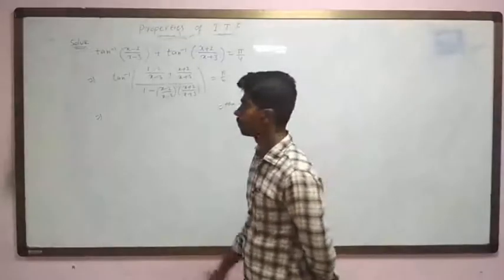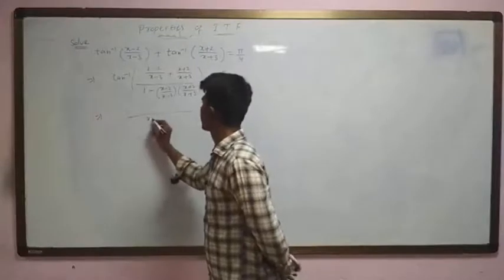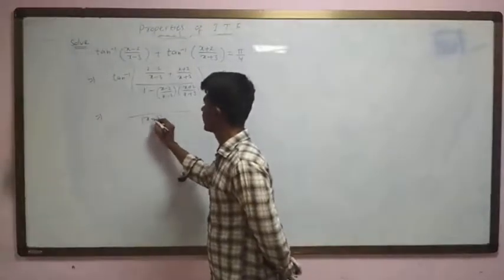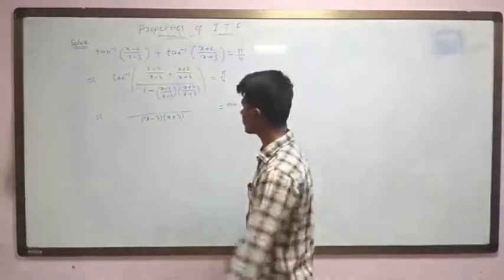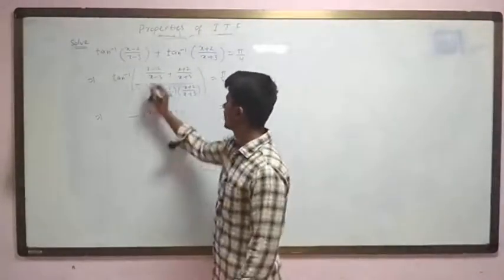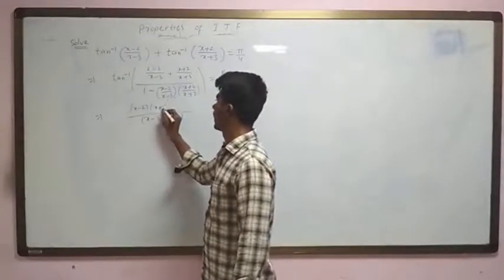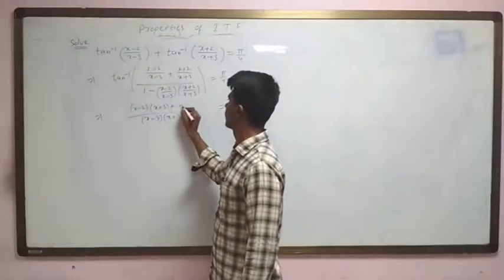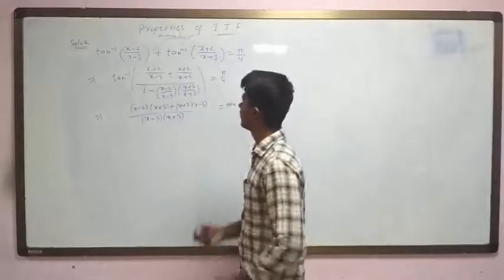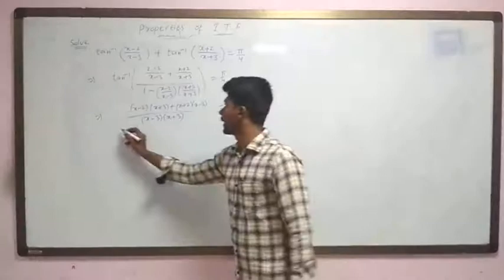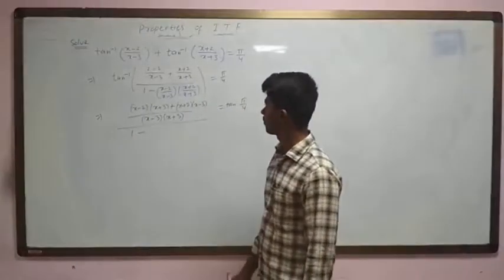Simplify this. The LCM is (x minus 3) into (x plus 3). Numerator: (x minus 2) into (x plus 3) plus (x plus 2) into (x minus 3), divided by 1 minus.